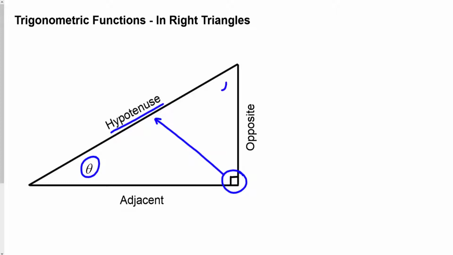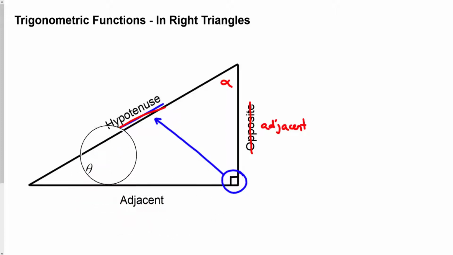Because if I made this my observed angle, let me do it in a different color. If I make that my observed angle, this is now my opposite side of that observed angle. This is now the adjacent side to that observed angle. But this is still the hypotenuse. So the hypotenuse is always the longest side and always opposite your right angle.